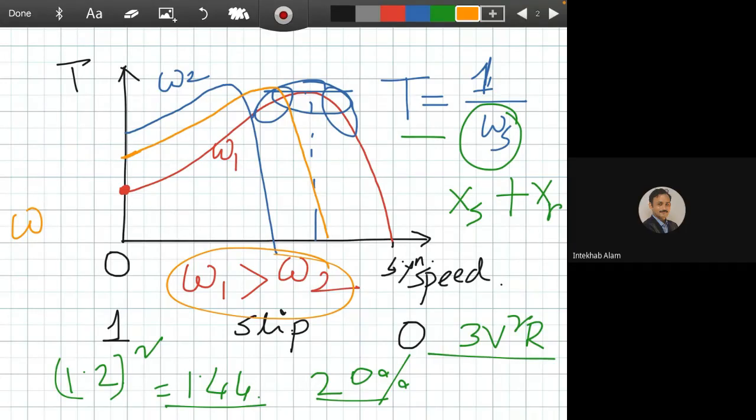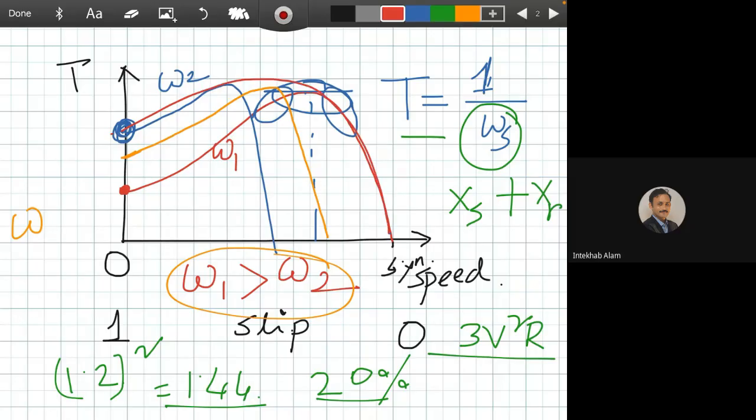So if we start a motor with omega 2, we'll get a higher torque, much higher torque compared with omega 1. And if we change from omega 2 to omega 1 frequency, then we might get an output like this.